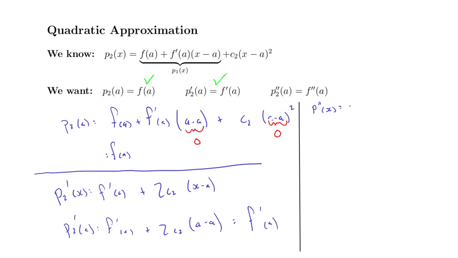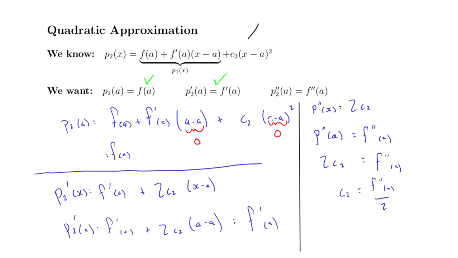So it's going to be 0 plus, this is linear, so we just look at the coefficient 2c2. So we want p double prime of a to equal f double prime of a. And that means 2c2 is equal to f double prime of a. And now we can solve for that constant. c2 is going to be f double prime of a over 2.